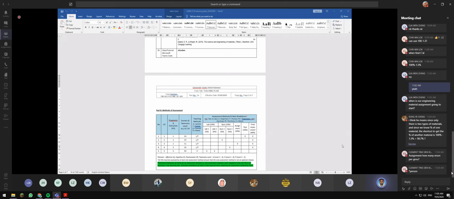I will be giving you about 10 to 15 types of application. It can be cars, household equipment, for example phones, lorries, or a cutting knife.